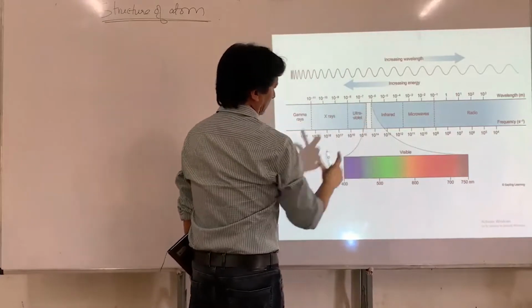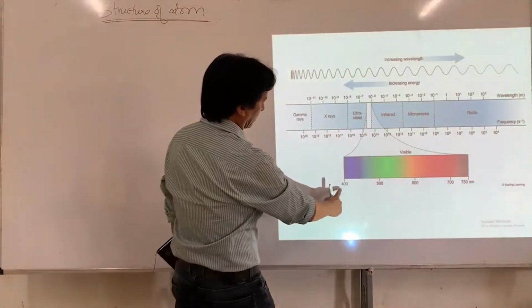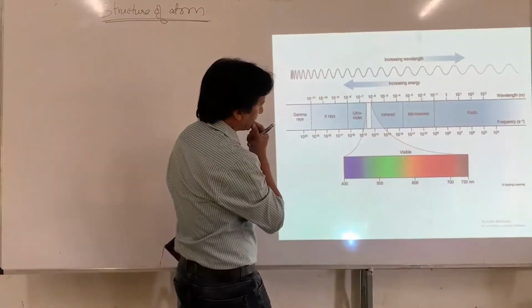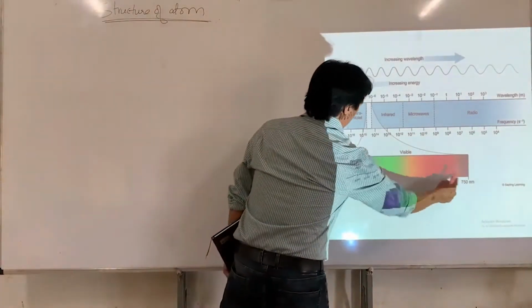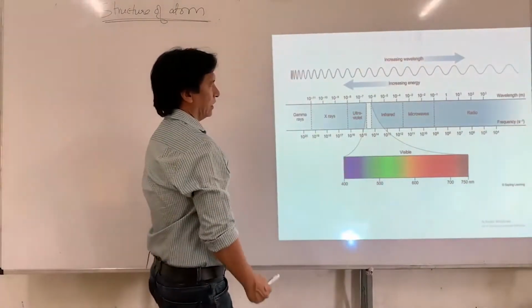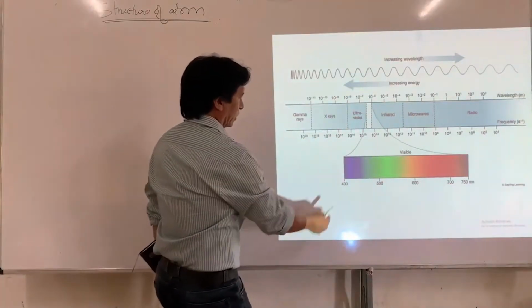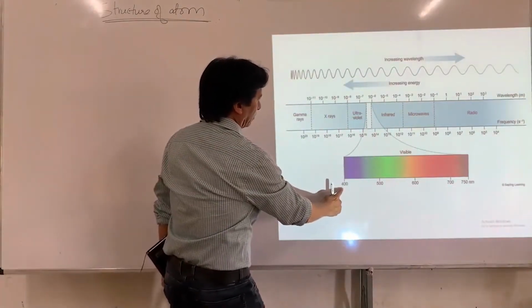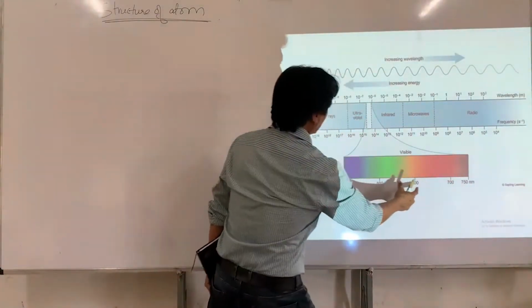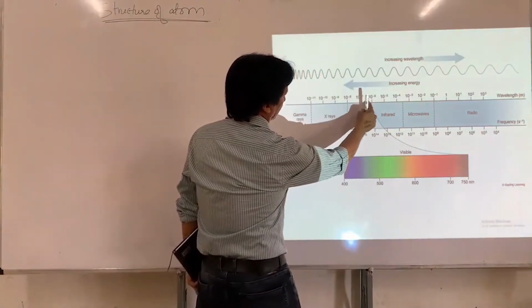The wavelength range is from about 400 nanometers to 750 nanometers. So visible light is a very small fraction of the electromagnetic spectrum, ranging from 400 to 750 nanometers, which lies somewhere here, less than 10^-6 meters in wavelength.